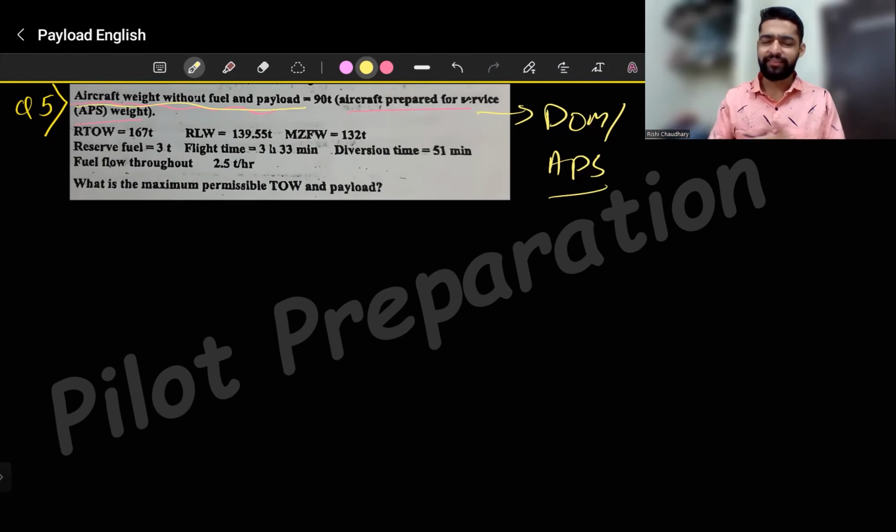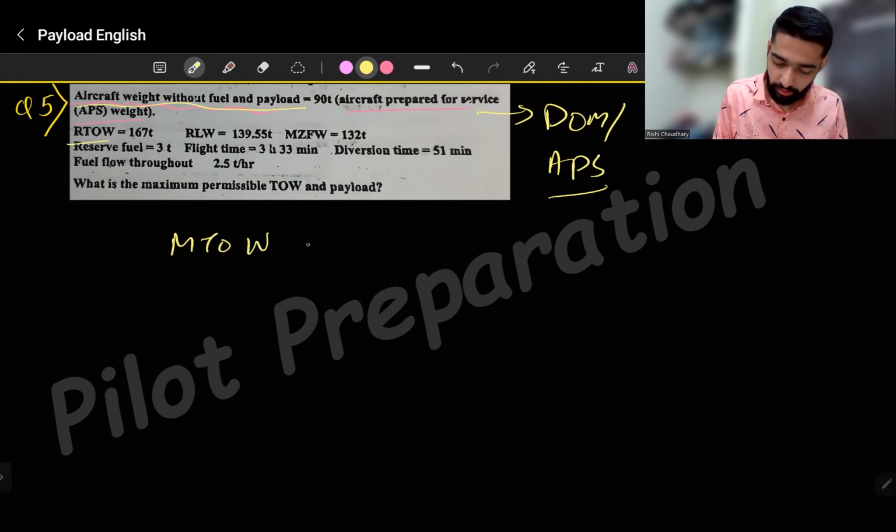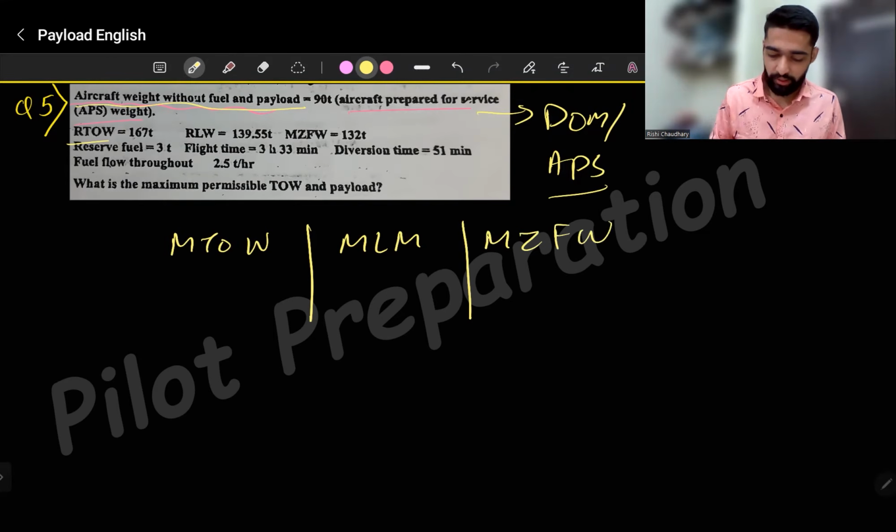Now what next is given? Restricted takeoff weight is given, restricted landing weight is given, and maximum zero fuel weight is given. So I am given everything. Again, MTOW is given, MLM is given, and MZFW is given. So I will write the restricted takeoff weight as 167 ton.